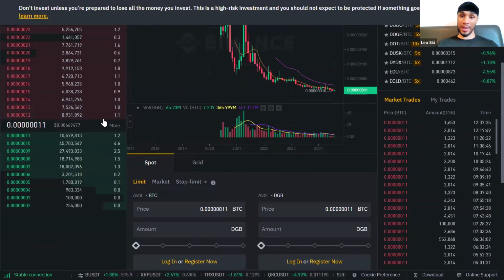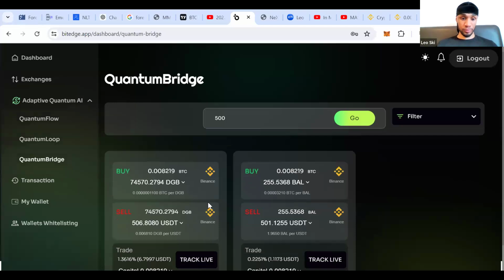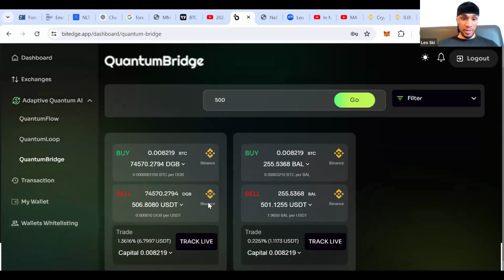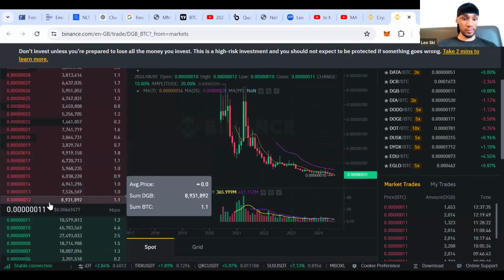So if I go back onto my BitEdge just to double check, you can see here we're looking for 74,570 at 1.1. Right now there is no 1.1.